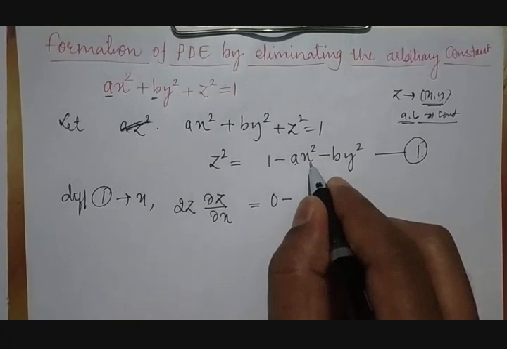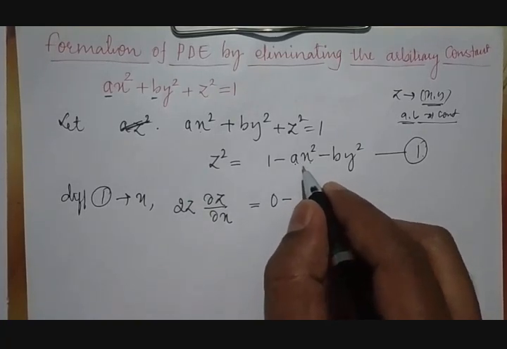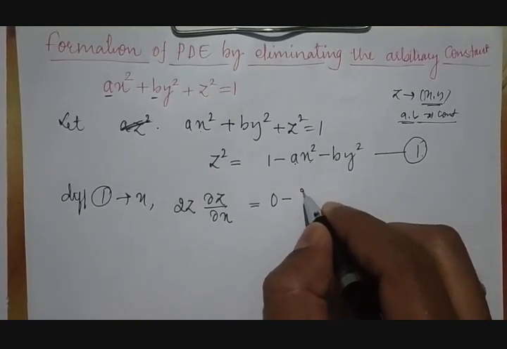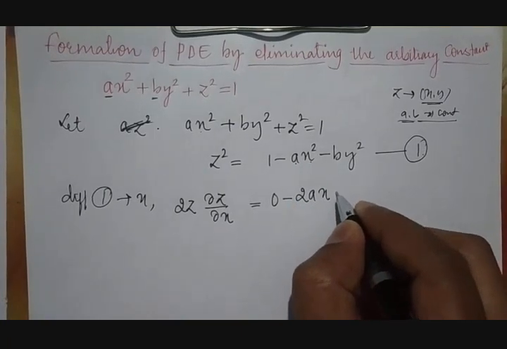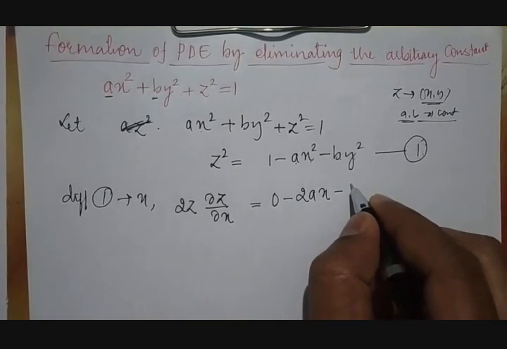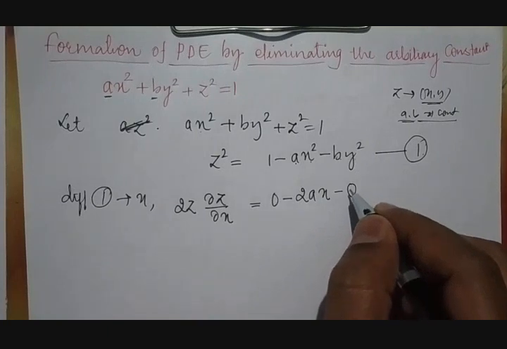Differentiation of x square with respect to x will be 2x, so it is minus 2ax, minus differentiation of by square with respect to x, which will be 0.